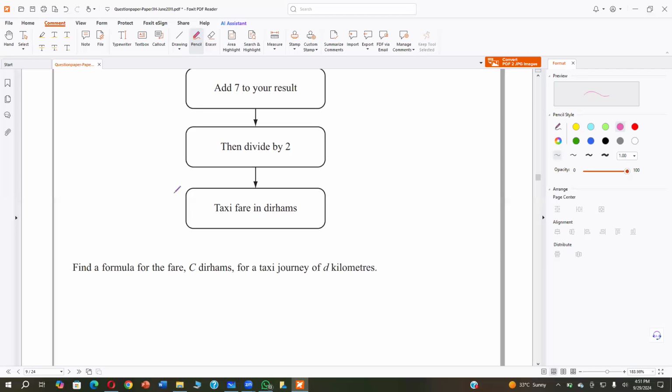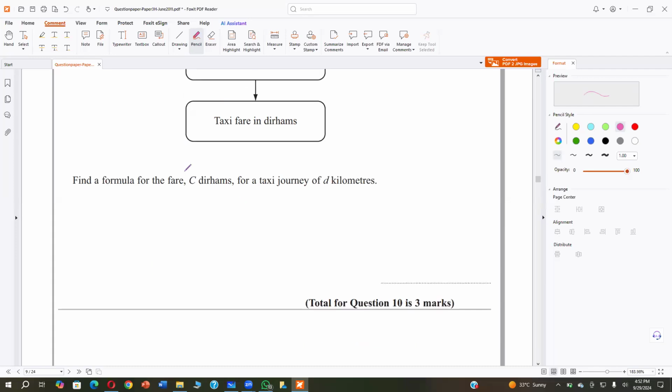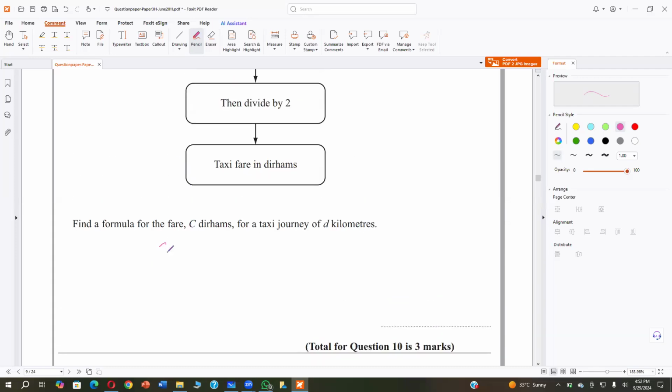So try to do it. For this, I got 3D plus 7 divided by 2. Right.